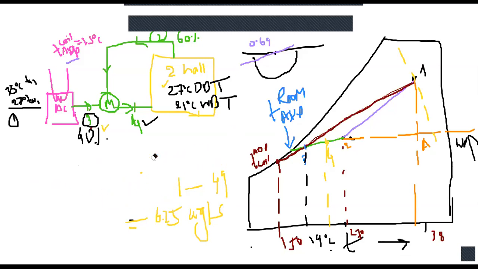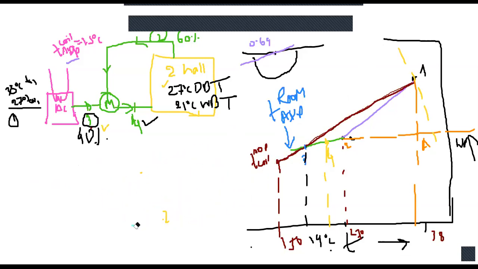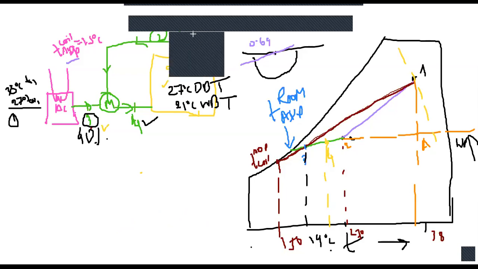Now the fourth point is to calculate the bypass factor. Very simple. How do we calculate the bypass factor?